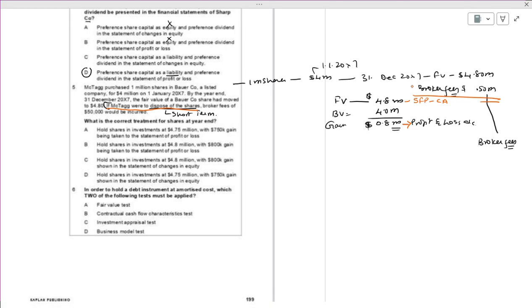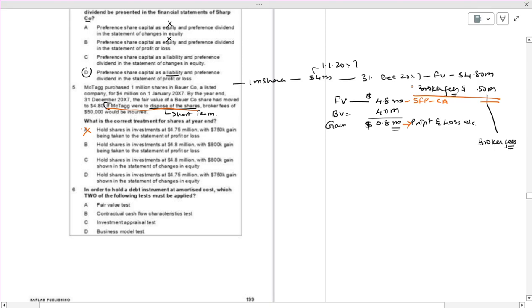Hold the shares at 4.75? Why 4.75? 4.8 minus 50, no, we are not selling it off. Hold the shares in investment at 4.5 with 800 gain taken to the statement of profit?